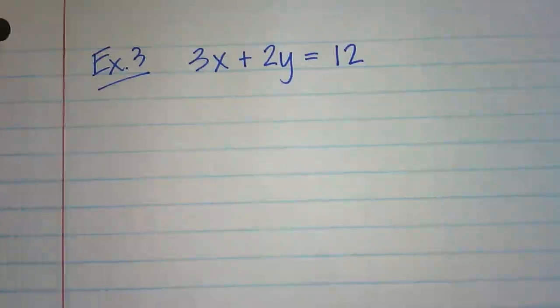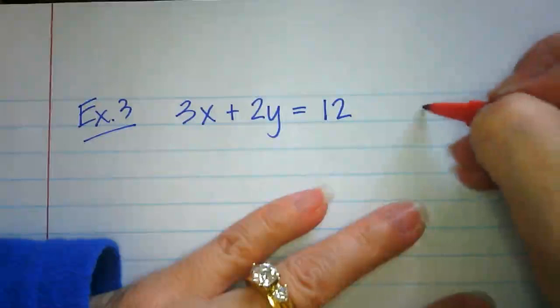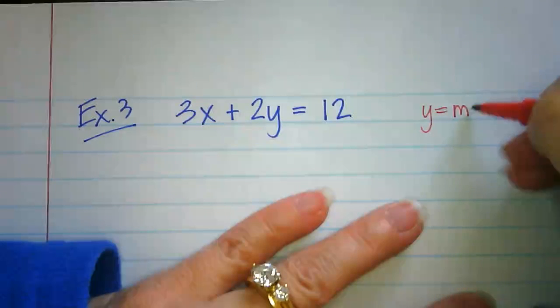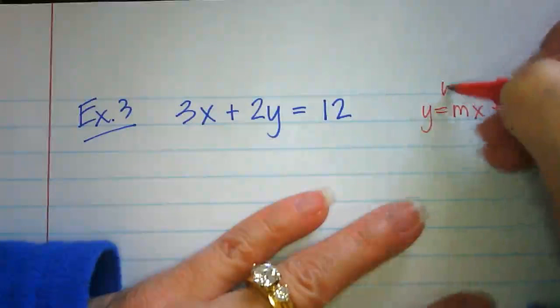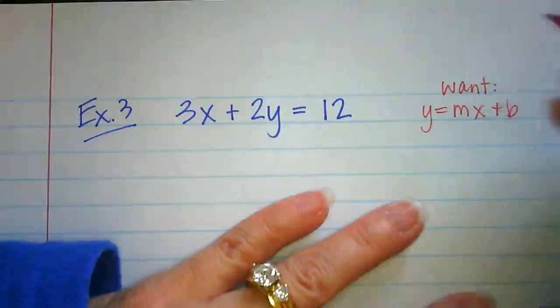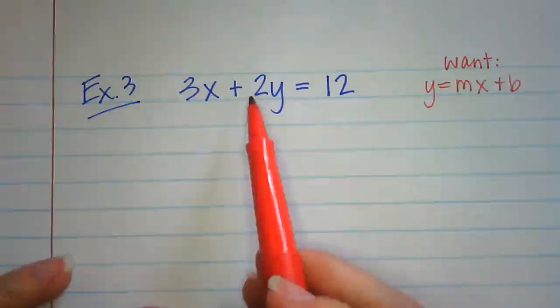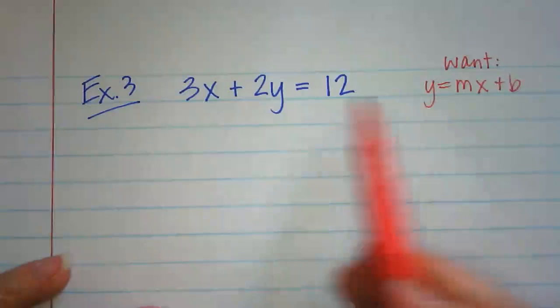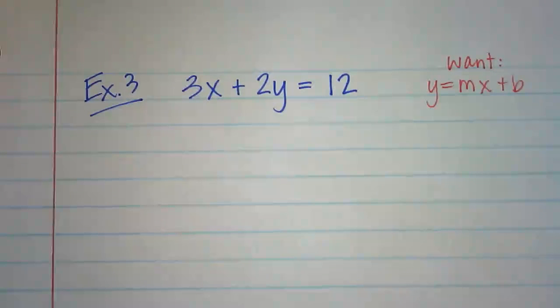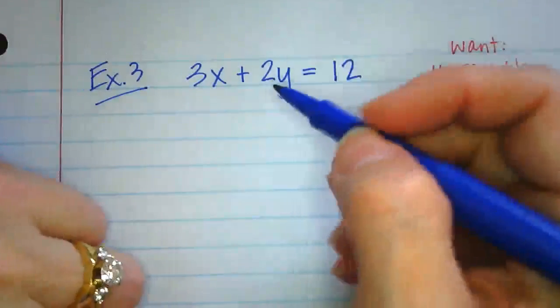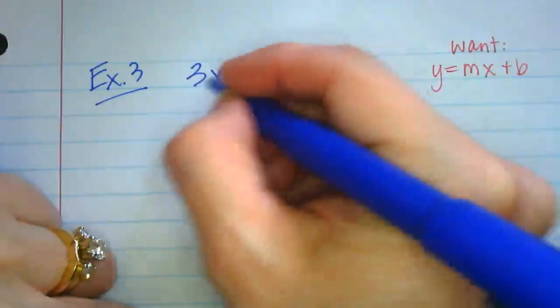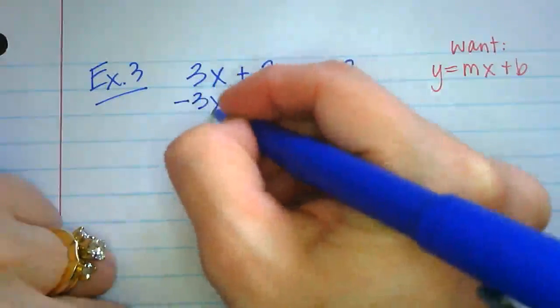Again, this is standard form, and we want slope-intercept form, which is y equals mx plus b. This is what we want to get, and this is what we have right now. Basically, we need to get the y by itself. When we get the y by itself, we're done. The first thing we need to do is get rid of this 3x. To get rid of 3x, we need to subtract 3x.